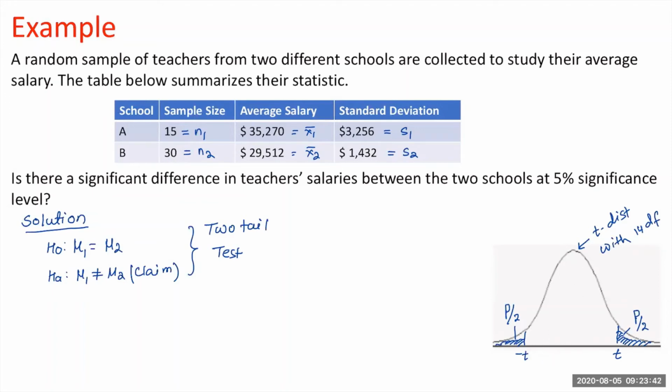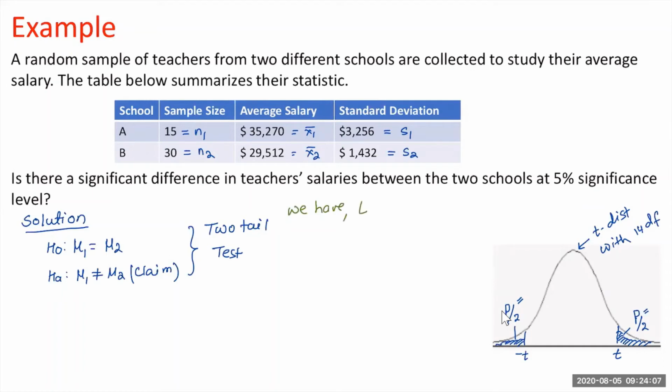Now we need these t values, and by using them, we need to find the total area, the sum of these two areas. What is this p over 2 equal to? We need that. So what do we do? First, we are going to find the t, or the test statistic. So let's do that. Let me write that formula here.